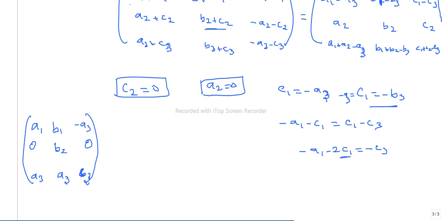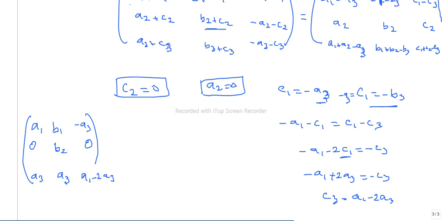So now C1 is minus A3, therefore minus A1 plus 2 times A3, that should be minus C3. So therefore C3 is nothing but A1 minus 2 times A3. So now replace C3 in terms of other entries. Therefore C3 can be written as A1 minus 2 times A3.